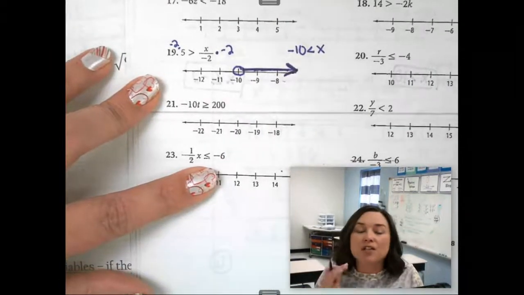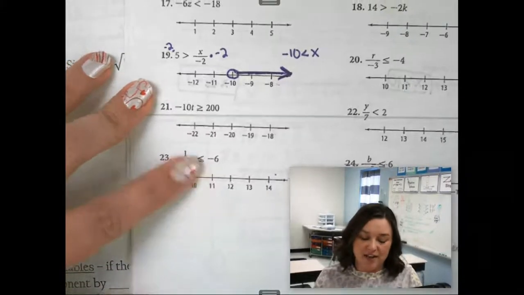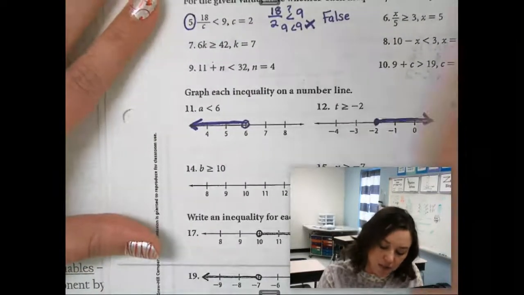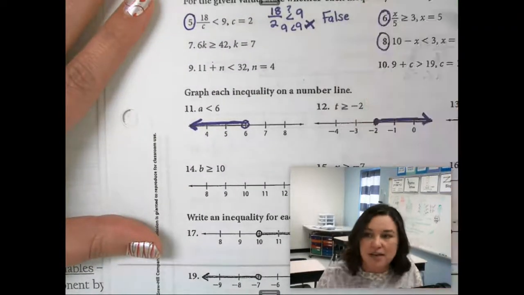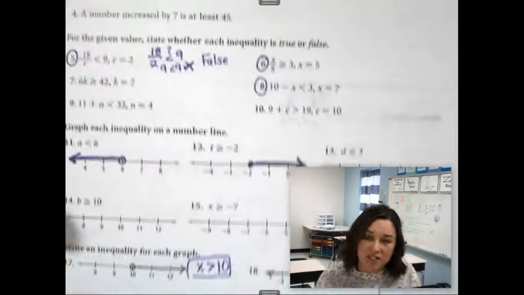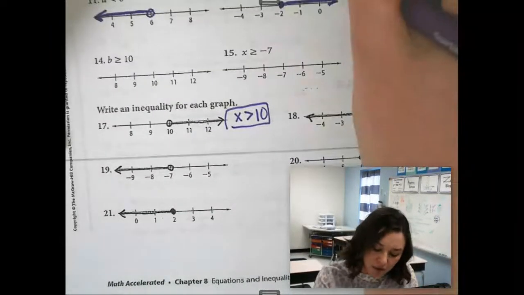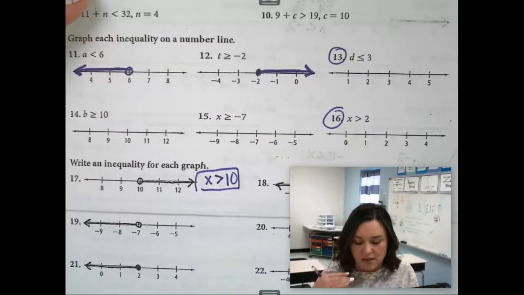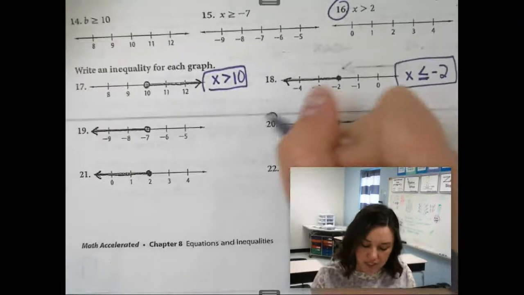Now, what do I want you to do for your grade today? What you are going to do on page 6, you are going to try number 6 and number 8 on page 6. You are also going to try number 13 and number 16 on page 6 and number 20 on page 6.